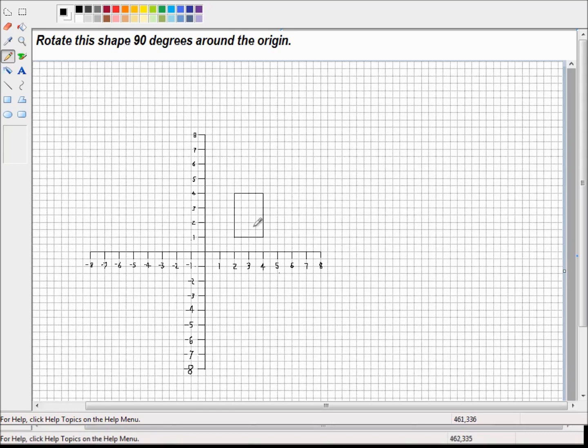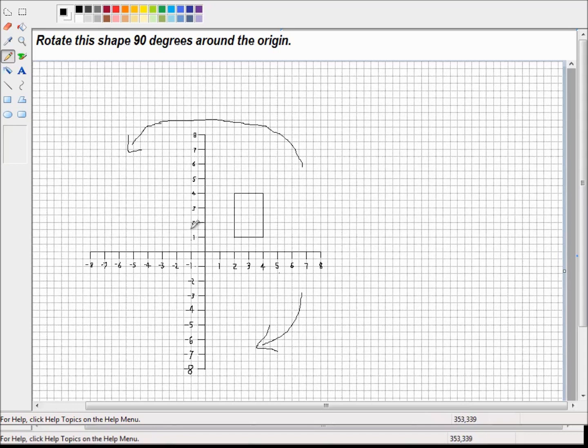We didn't specify which direction, but if no direction is given, the expectation is that a positive increase in angle is a counterclockwise direction. So that's the direction we measure. Generally speaking, a negative 90 degrees would be this direction.